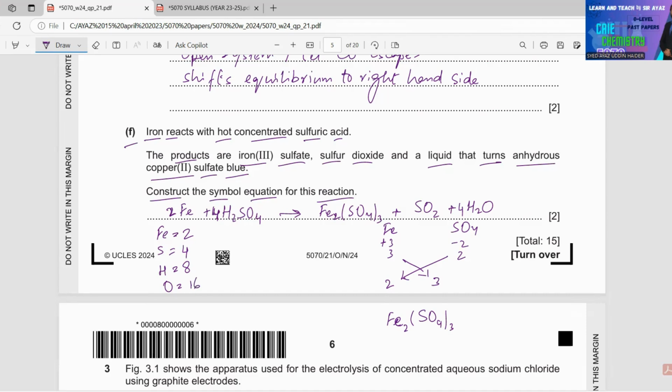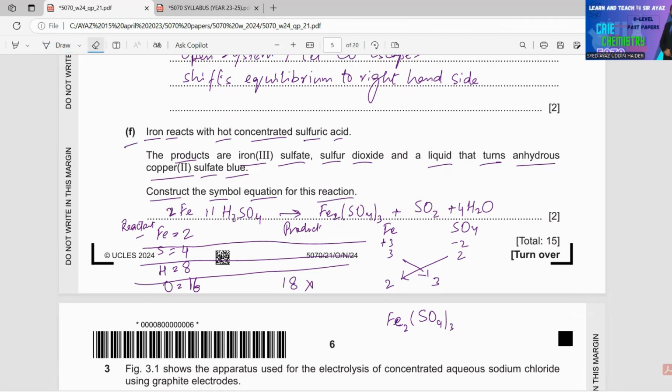So 16 on the reactant side, 18 on the product side. This is incorrect. So it means 4 will not work. Let's increase the number. What if I write 5 H2SO4?